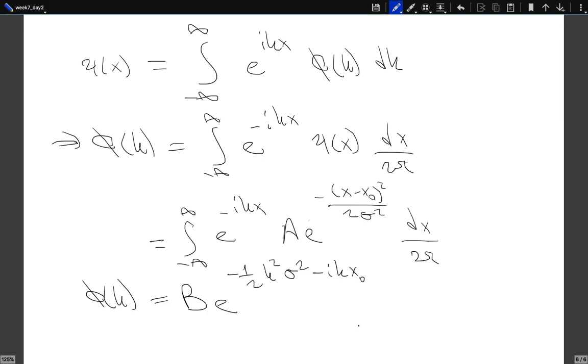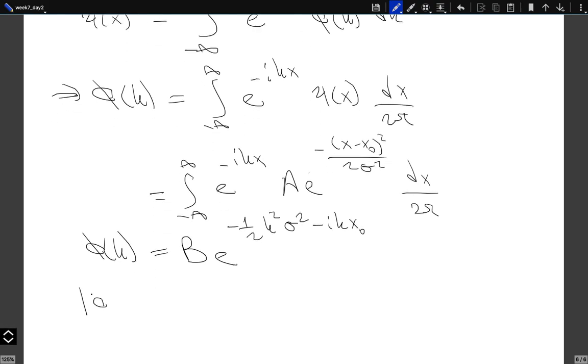This is our phi of k. Well, the probability is the absolute value squared. So this is the absolute value of b squared, e to the power minus k squared sigma squared. This is the probability. When you take the absolute value, this phase term is just not important.